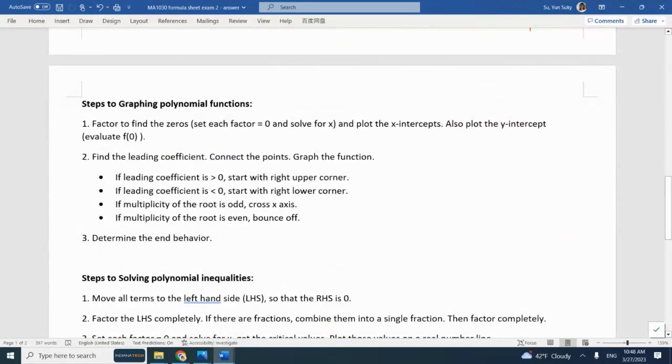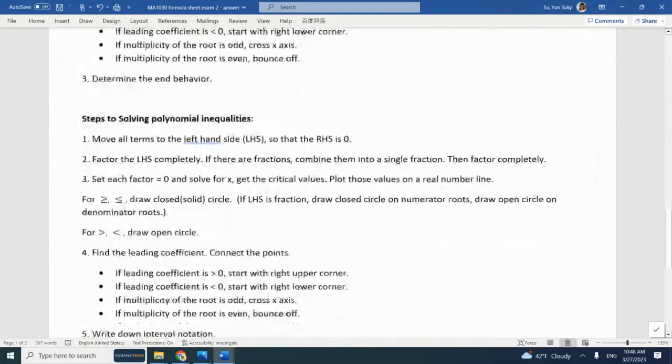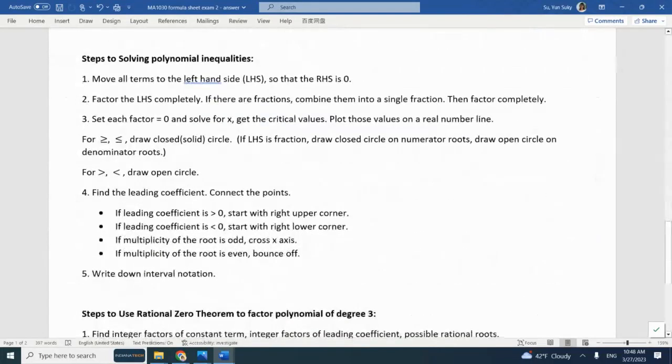And then here I show you the steps of graphing polynomial functions, and I show you the steps of solving polynomial inequalities. Be careful, everybody. I have a typo. So if you have greater than or equal to or less than or equal to, you draw a closed circle, a solid circle.